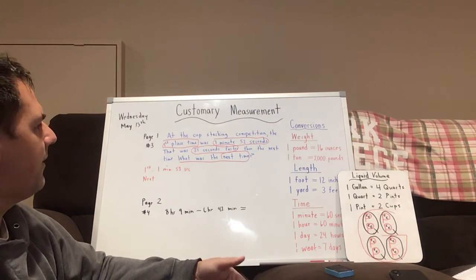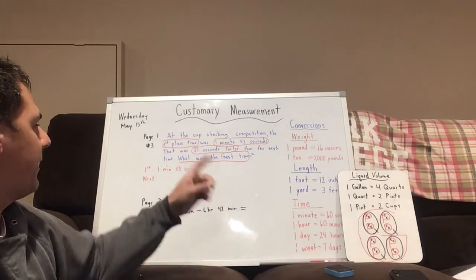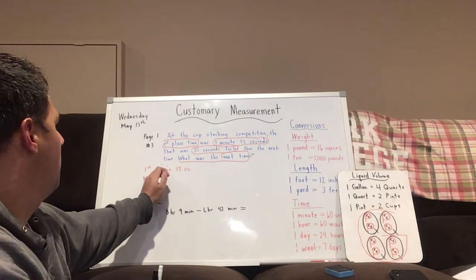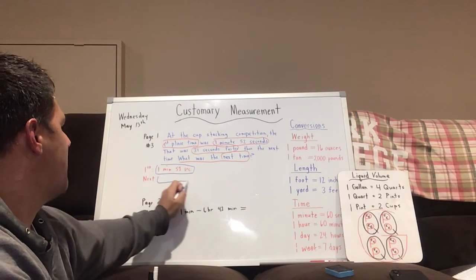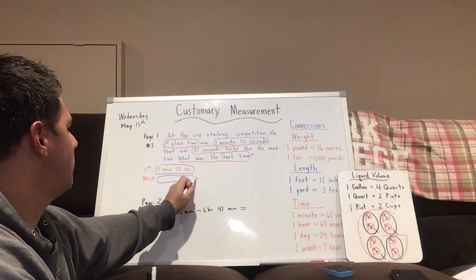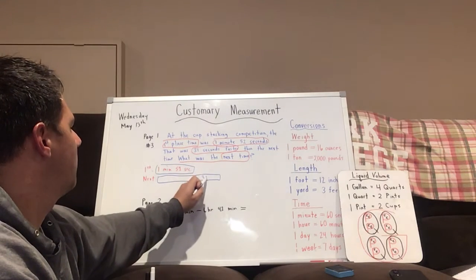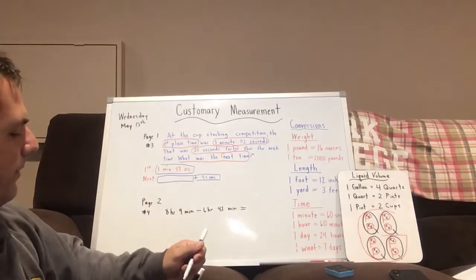So it seems to me that we're going to have to add those two numbers together to figure out the next. I'm going to draw my tape diagram here for first, and then we're going to use that same amount and add it to 31 seconds to figure this problem out.